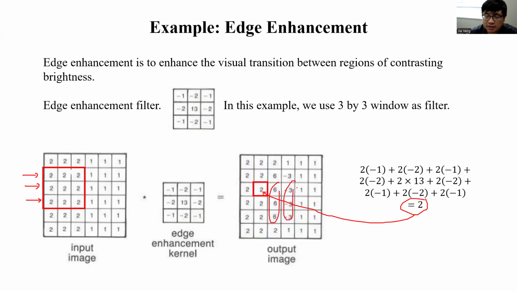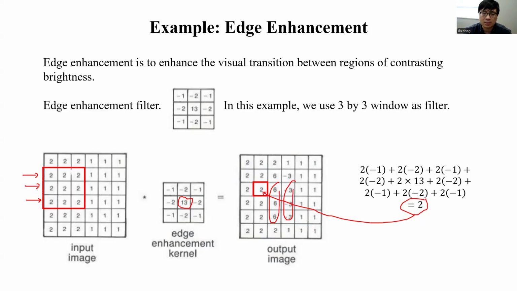The edge is very clear, right? So that is the edge enhancement. For the edge enhancement, we provide a very high weight to the center of the moving window. The pixel in the center has a higher weight.